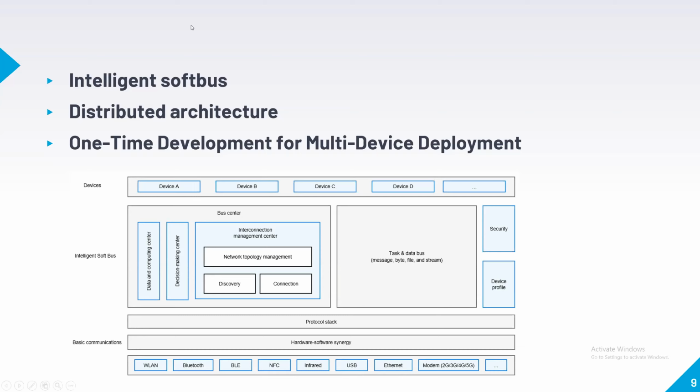So let us take two devices, device A and device B. The moment they are tapped together, one becomes the server and one becomes the client. Based on that, the initial communication happens through NFC. It gives information to the bus center about what kind of connection needs to be done.